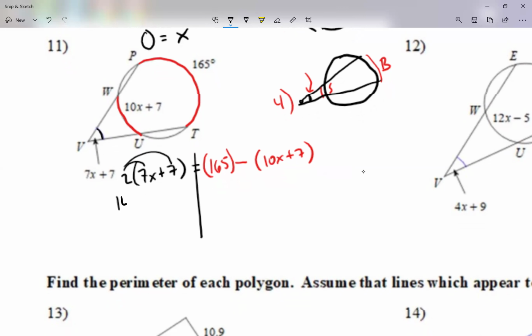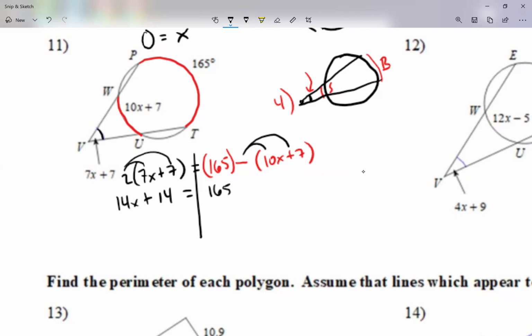So I'm gonna have 14x plus 14 equals. My first parentheses, I just have 165. So that's easy to get rid of the parentheses. My second parentheses, let me distribute the negative sign. So that gives me negative 10x minus 7.